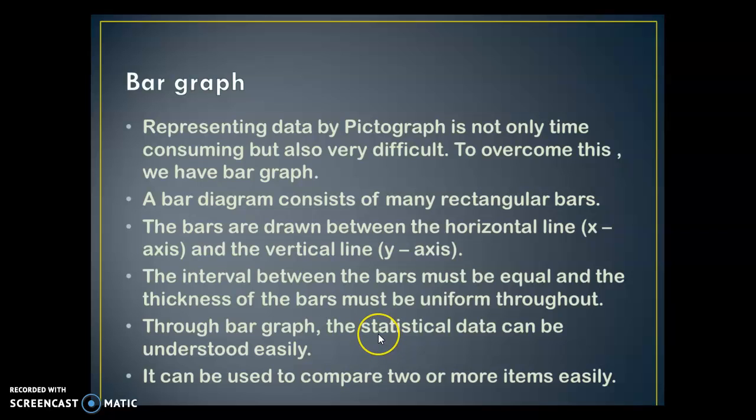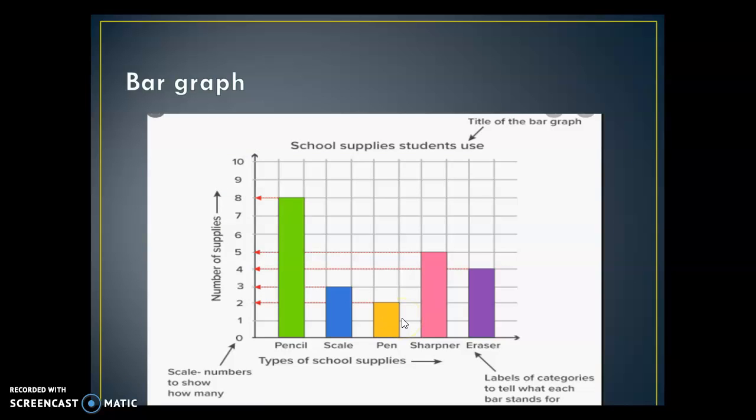Through bar graphs, the statistical data can be easily understood, and bar graph can also be used to compare two or more items easily. So here we have a bar graph which shows the types of school supplies like the stationeries, pen, scale, pencil, sharpener, eraser, and how much it is being supplied to the students.